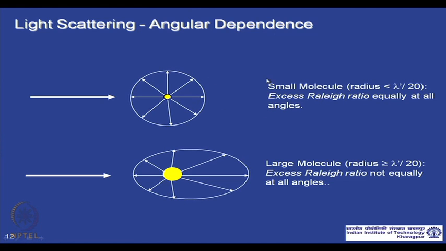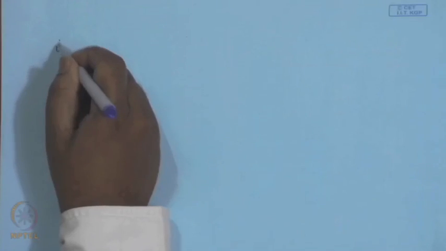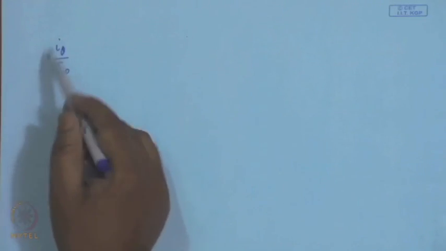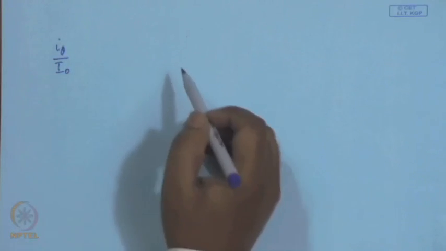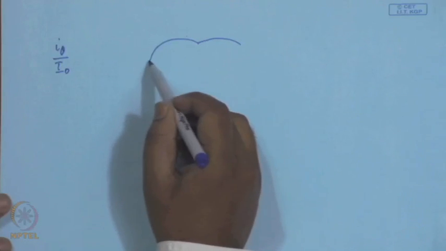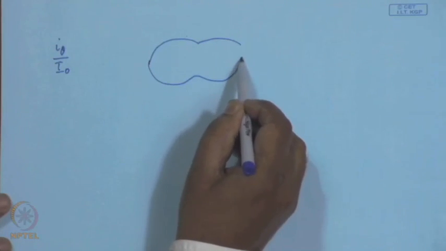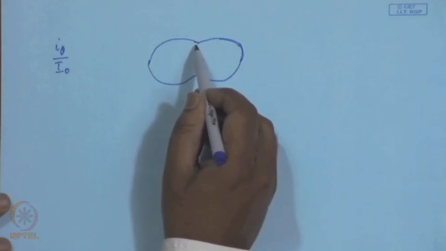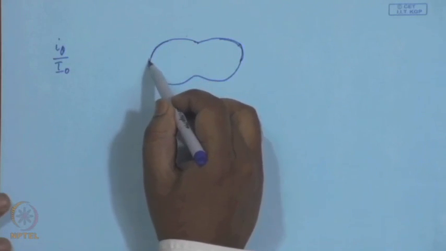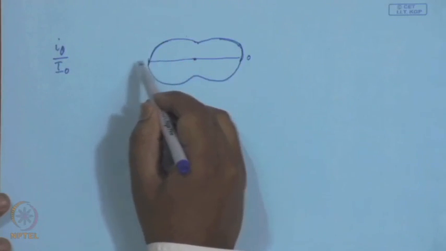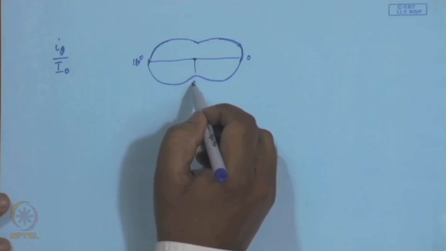If we consider only I theta by I0, then for small molecules your intensity will look something like this. So, this is 0 angle, this is 180, and this is 90 degrees.